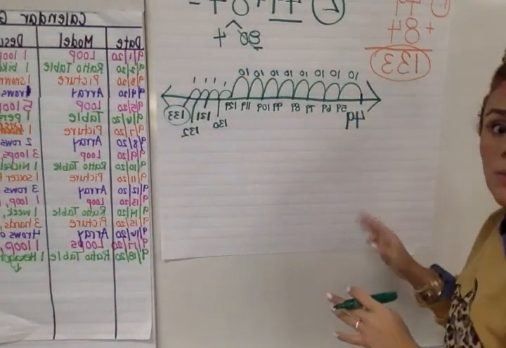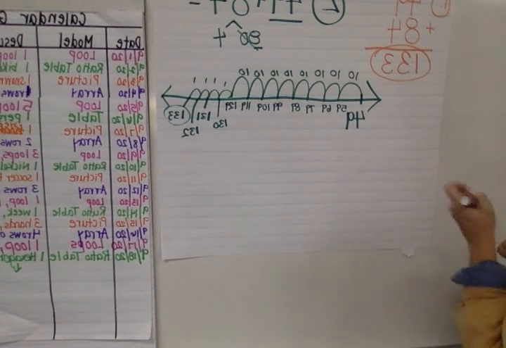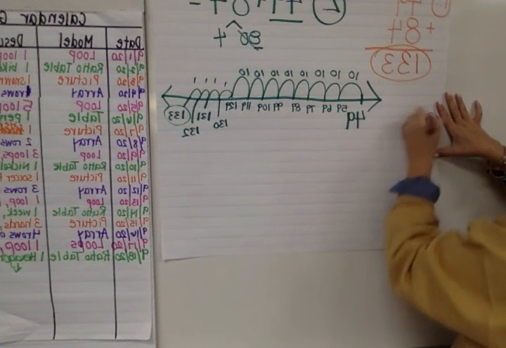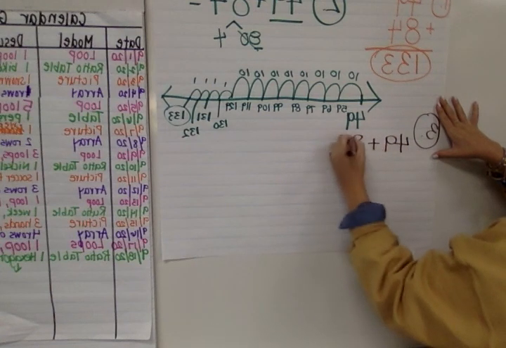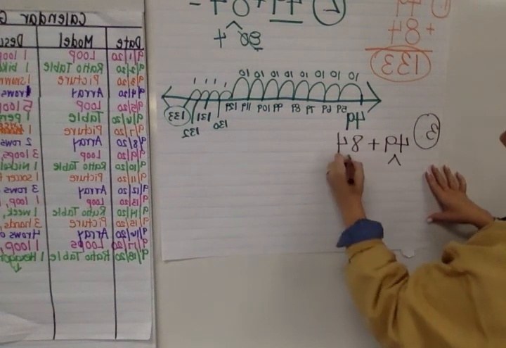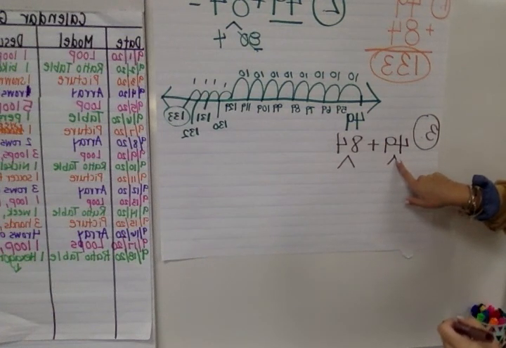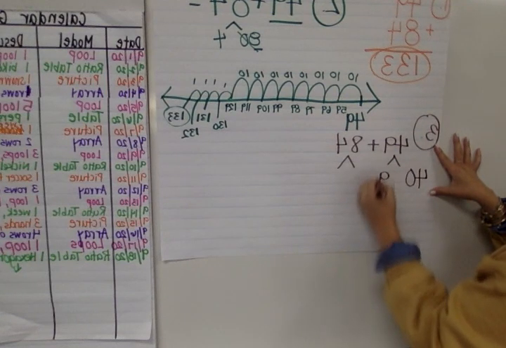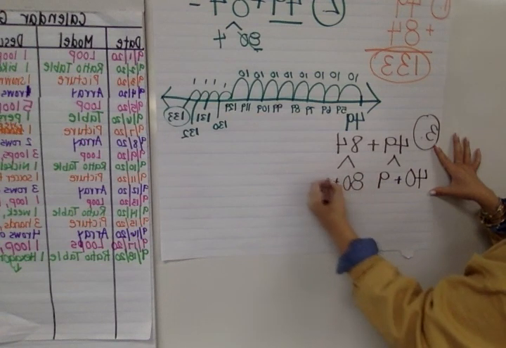And the last way I can solve this using a problem string for today, and I'm going to scoot it up so I have some more room, and use a different color, is I could solve my problem string using this strategy. Number 3, we've got 49 plus 84, and I could break it into their place value. So I asked myself, what is 49 made out of? It's made out of a 40 and a 9. 84 is made up of 80 and 4.